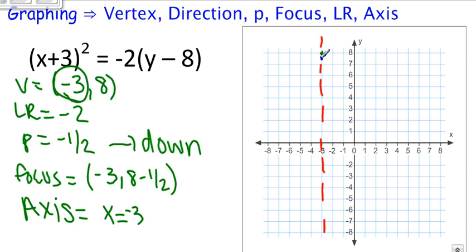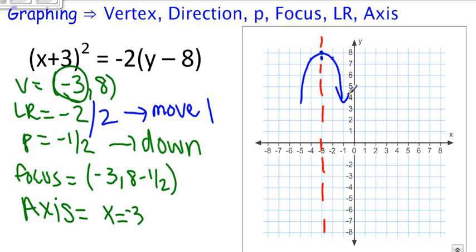And then we count our latus rectum divided by 2, which is how far we move away from our focus point. So from our focus, we're going to go over 1, and then graph our parabola from there. All right, so that's conics.